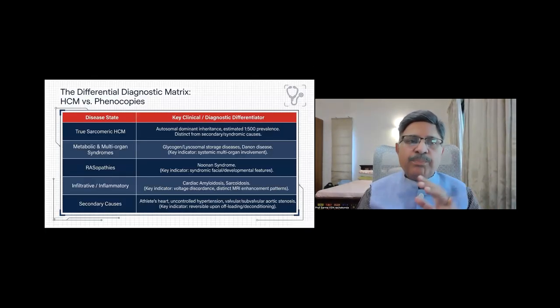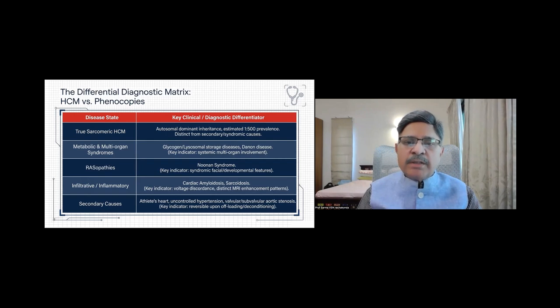Days have changed. Differential diagnostic matrix, HCM versus phenocopies. What are phenocopies? Those which look like cardiomyopathies and are not cardiomyopathies. Sarcomeric HCM: autosomal dominant inheritance, estimated 1 in 500 prevalence, distinct from secondary and syndromic causes. Metabolic and multi-organ syndromes: glycogen and lysosomal storage disease, Danon's disease.